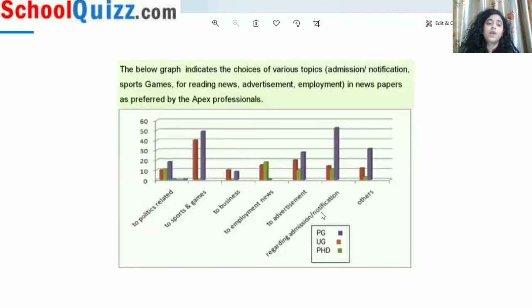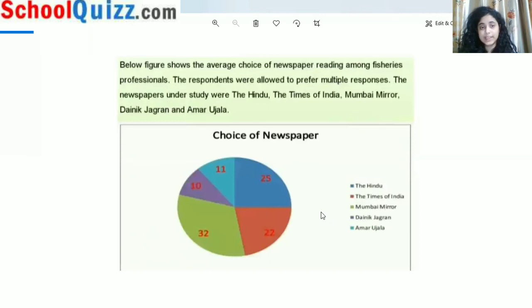Okay, note this graph. We have this in the questionnaires. Note this graph too, this pie chart. Okay, so I hope I'm clear with it. Till then, we'll see you in the next lecture. So take care. Bye.